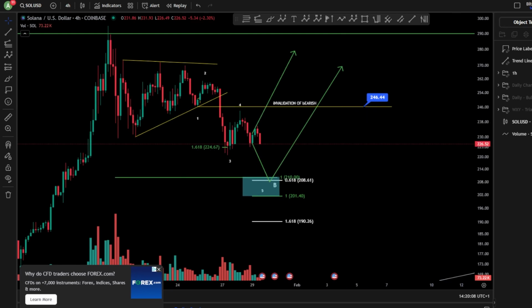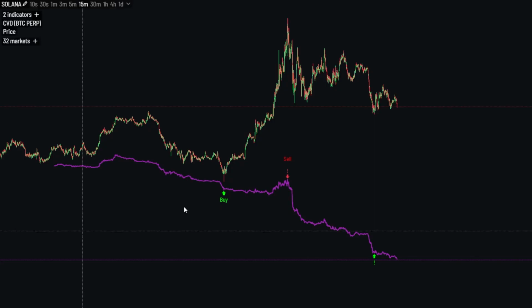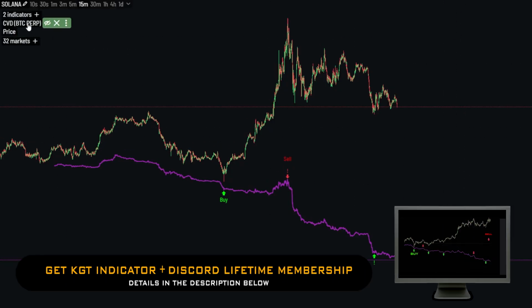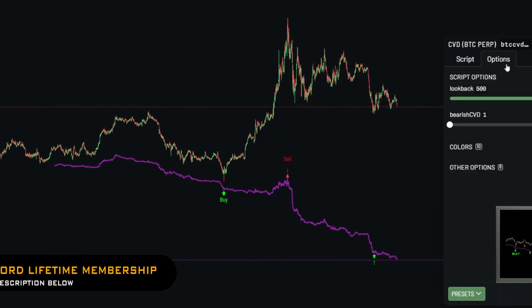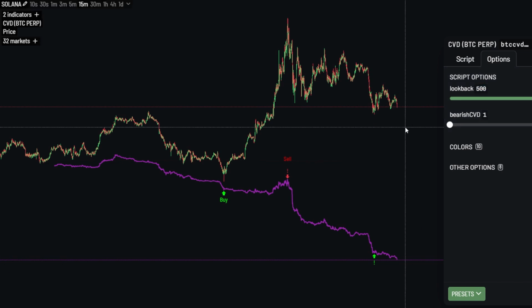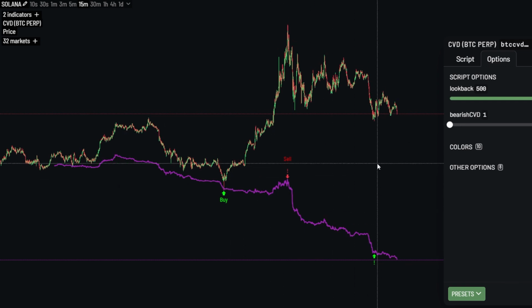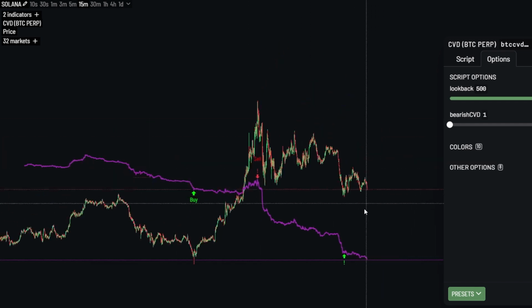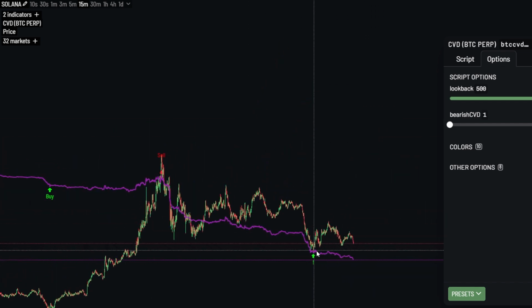Now, if we take a look on the KGT as well for more indications, we can see clearly on the KGT, 15-minute chart here, we have a 500 strength of signals where we can see a very strong divergence for the bullish scenario that it might unfold sooner or later. We have here a bullish signal and still looking for a divergence here.